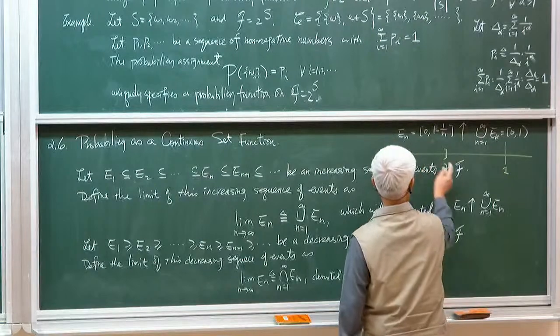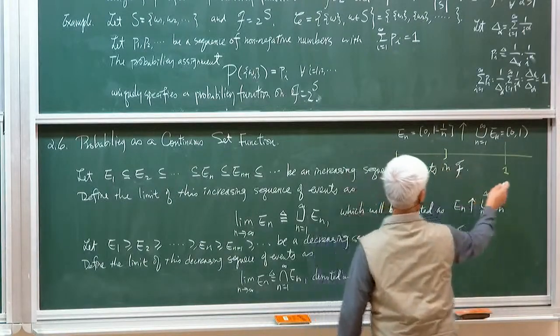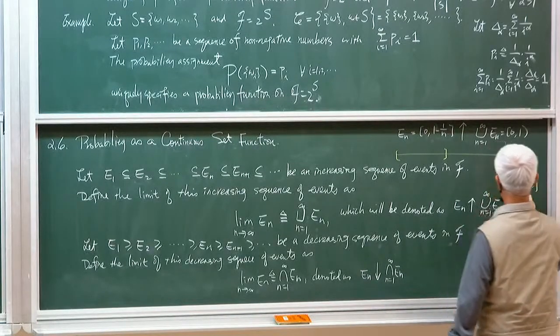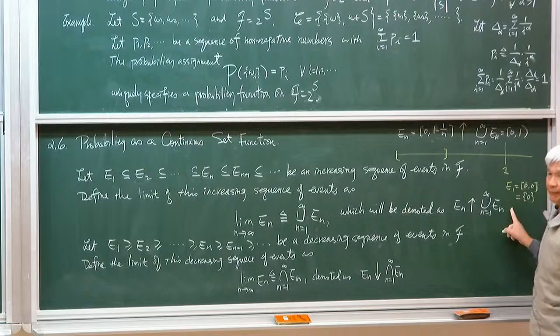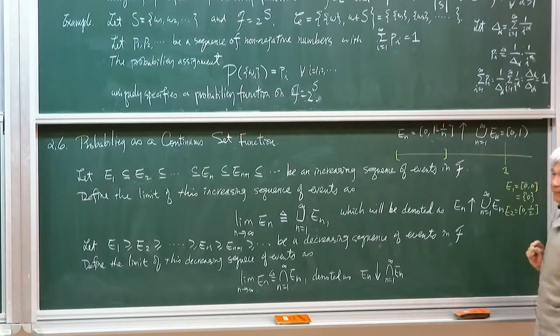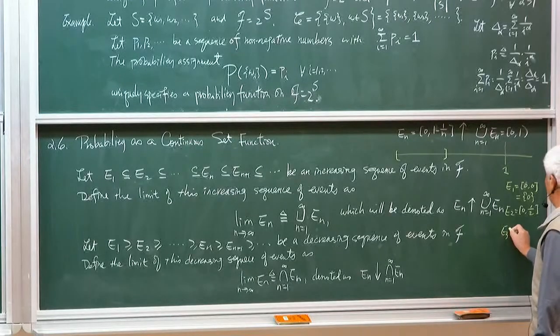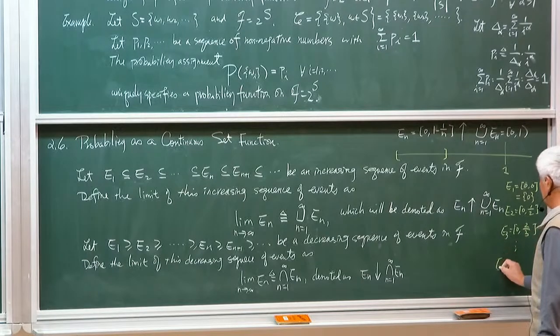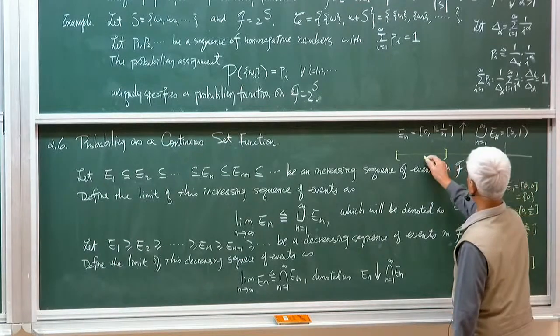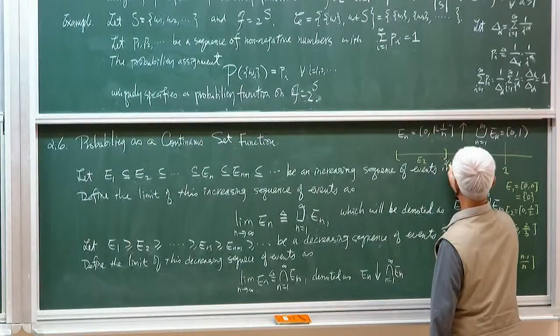E1 consists of only one point, just 0. E2 is 1/2, then E3, and in general En.